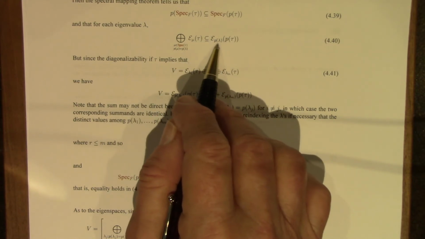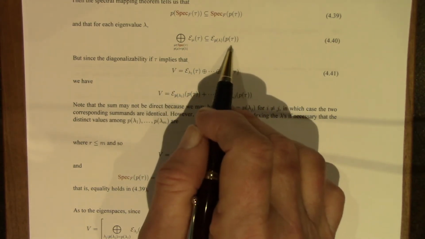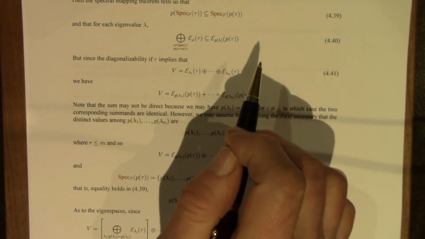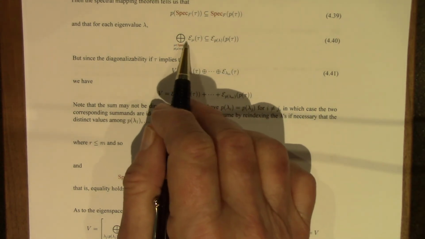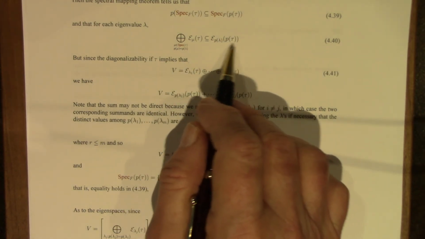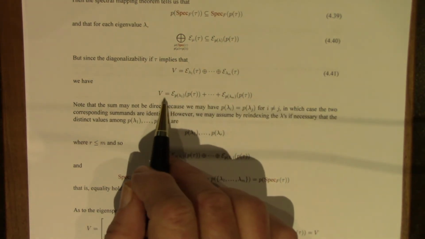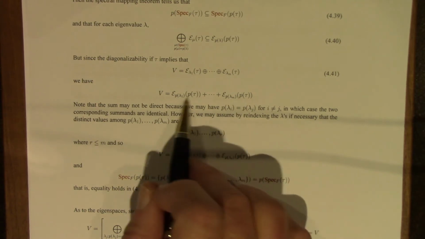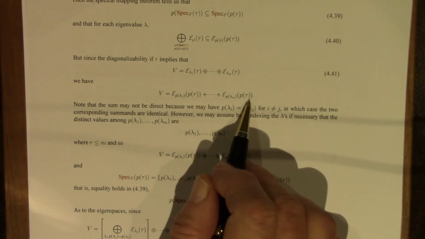It's contained in the sum on this side, but the sum on the left here is all of V, so the sum on the right is also all of V. So V is the sum of all these eigenspaces for p of tau.